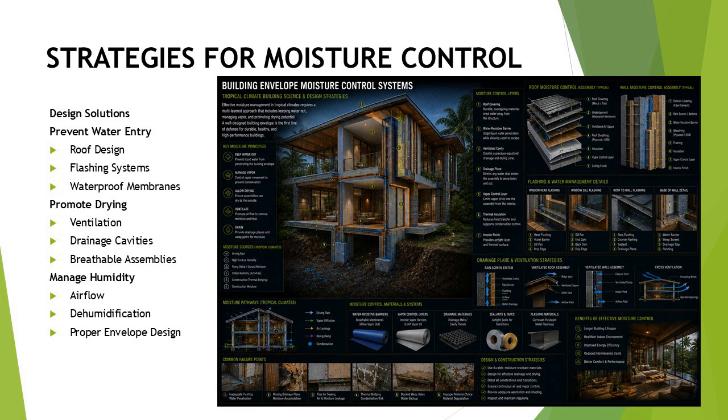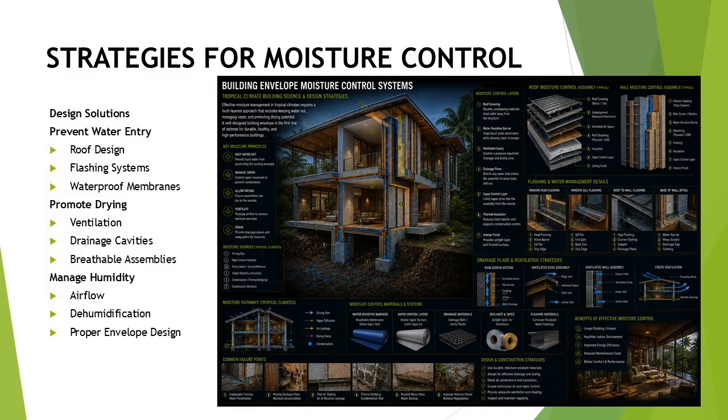Traditional tropical architecture often excelled in this regard. Highly ventilated assemblies allowed moisture to dissipate naturally. Modern sealed buildings sometimes struggle because trapped moisture has nowhere to escape. The third objective is humidity management.